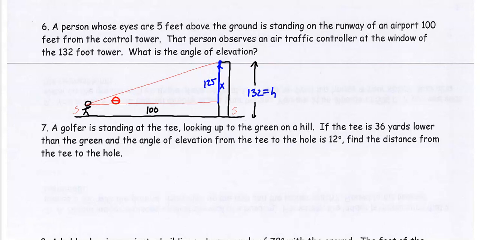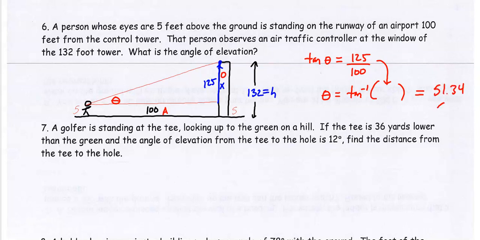So it looks like we have the opposite, and we have the adjacent. So let's try this. The tangent of theta is opposite over adjacent, which means theta is going to be inverse tan of that thing. So second tan, 125 divided by 100 is 51.34, which would be 51.3.